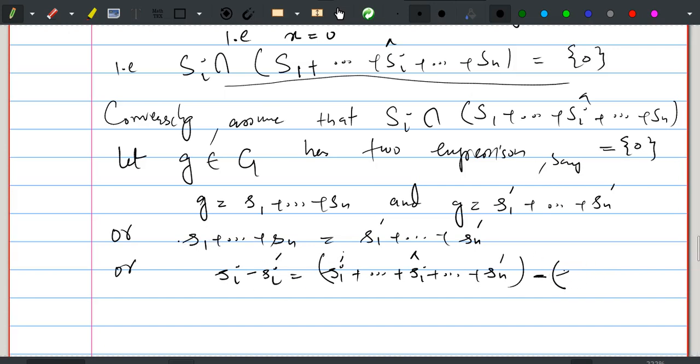So we are shifting to the right hand side these Si's, S1 plus so on plus Si cap plus so on plus Sn.